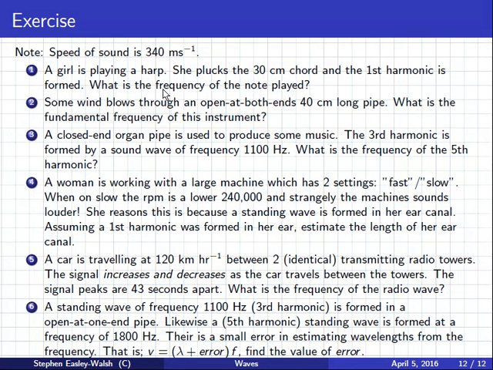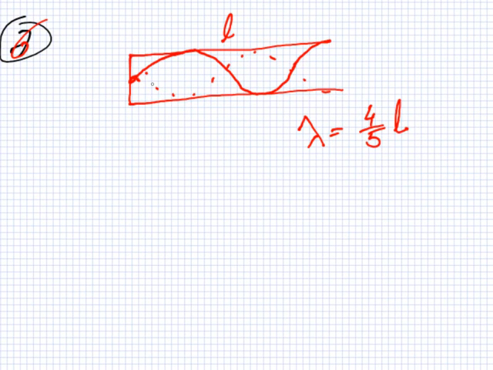Then in blue, I'm not going to draw it, I'll try my best. The fifth harmonic: 1 quarter, 3 quarters, 5 quarters, 7 quarters, 9 quarters. Okay, so the fifth harmonic will be like this: up, down, up, up, down, up, up, I think.